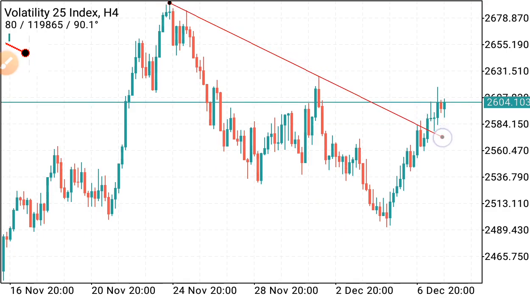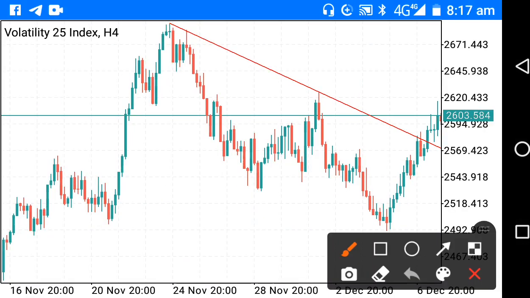Now you look at the trend line I've drawn, you will discover that I have a touch here at the beginning, I have a second touch here, and I have a third touch here. And according to the definition of a touch strategy, whenever price touches the trend line for the third time, you execute.